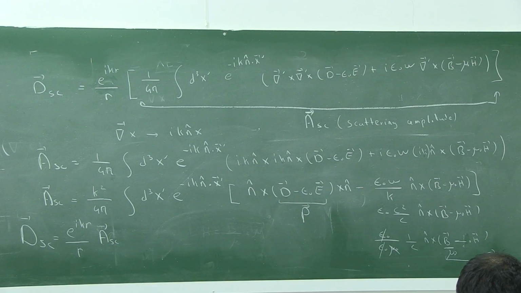1 over 4 pi epsilon 0, k squared, e to the i k r over r, n cross p cross n, minus n cross m over c. So this was the formula. Now look at whether they are similar or not.